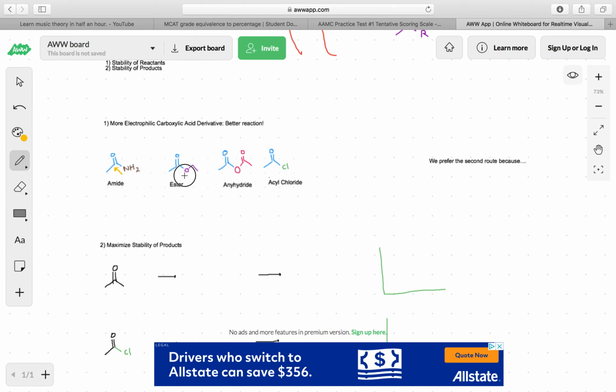Our OH also donates electron density to the center through resonance, about the same amount. However, if we look at this oxygen over here, it doesn't donate as much. The reason being, it can donate both to the left and to the right. So it can donate this way or this way. And because it can do like 50% this way and 50% that way, you're cutting that stream in half. So you're only getting like 50% of the electron donation as we want.